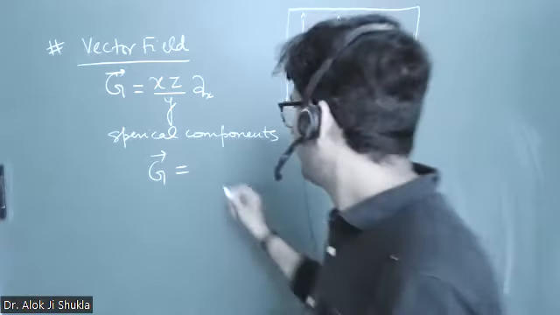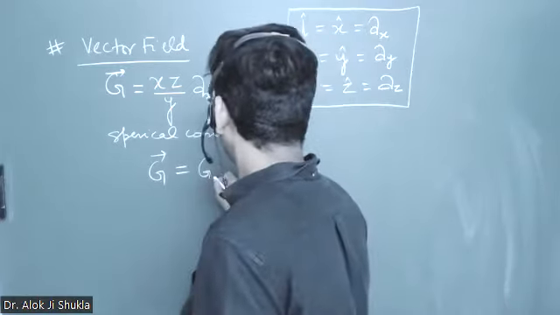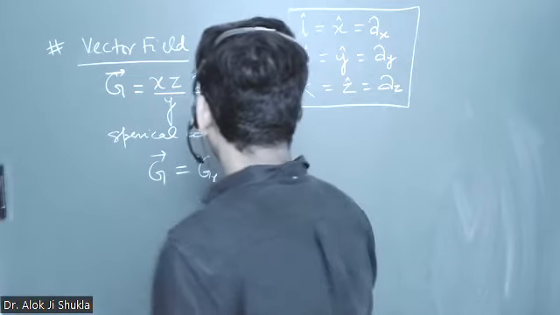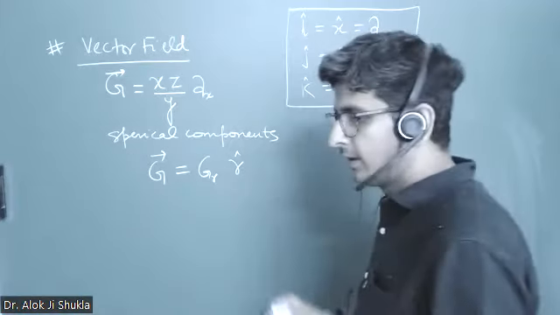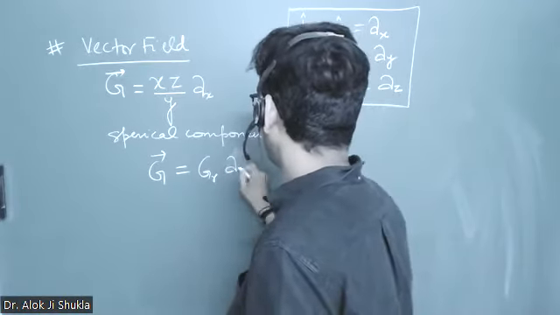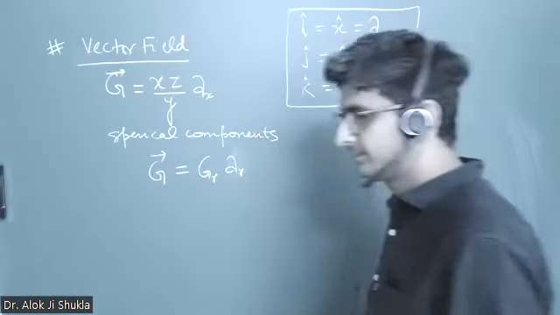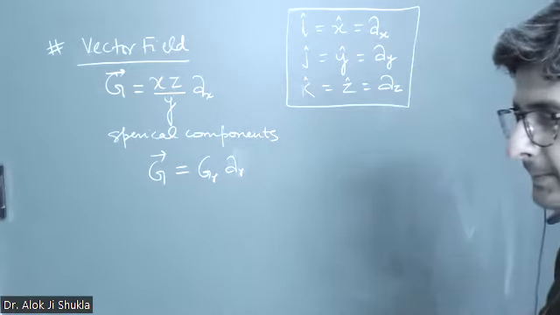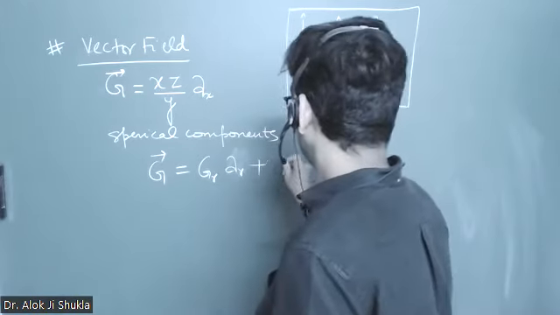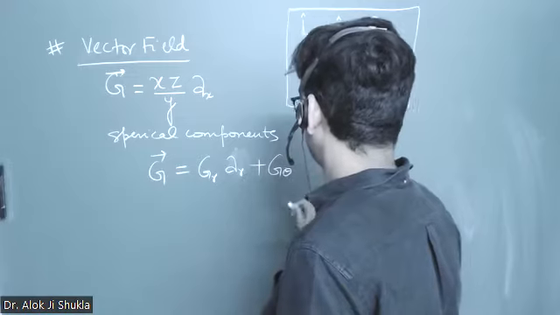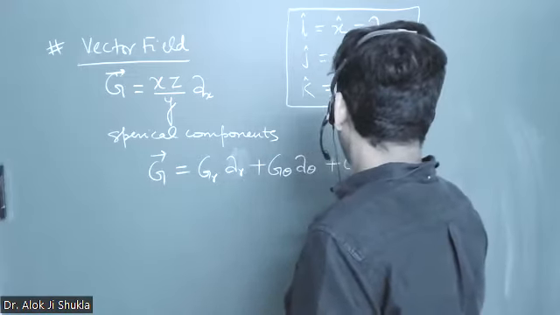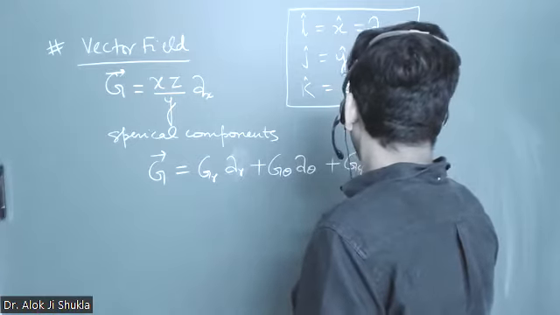Similarly, I will write GR as component of R cap, in the same notation AR, plus G theta A theta plus G phi A phi.